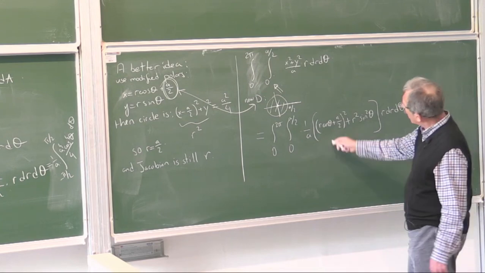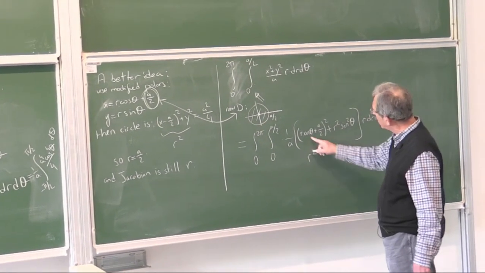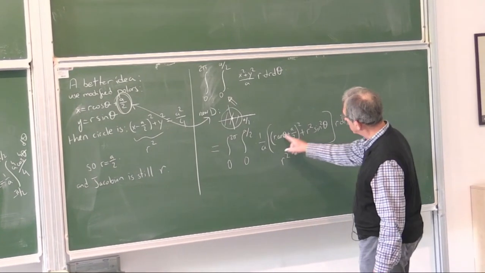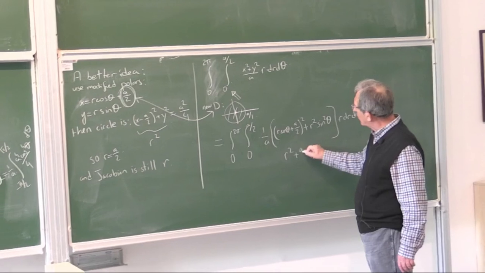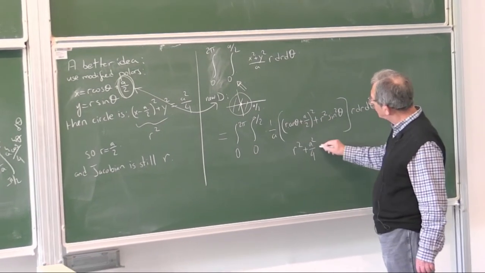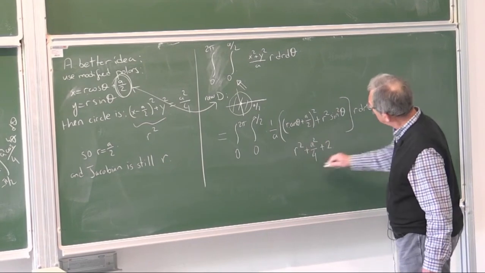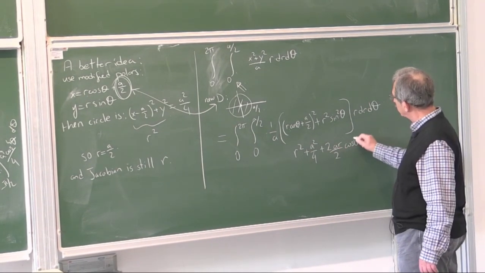Now, in this square, we have r squared cosine squared, that makes r squared. Cosine squared plus sine squared is 1. We have a squared over 4 here. And then we have twice a r over 2 cosine theta.